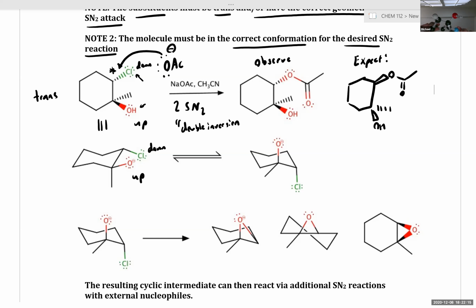Okay, so here's our view of this structure. First thing to keep in mind here, do we notice how both of our substituents are equatorial? Does everyone see how both of our substituents are equatorial?